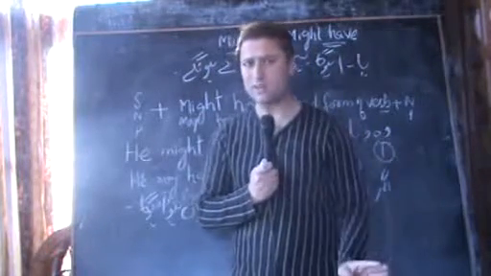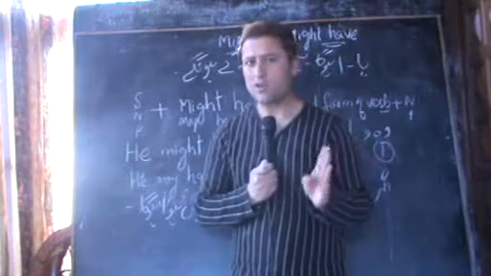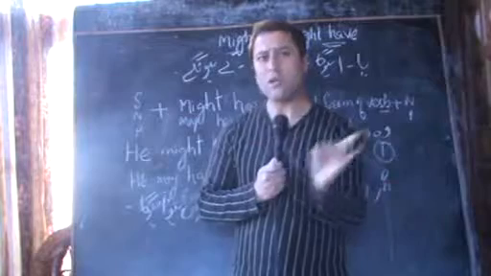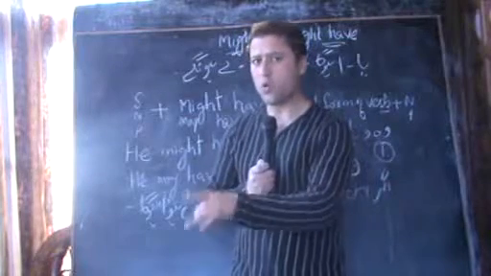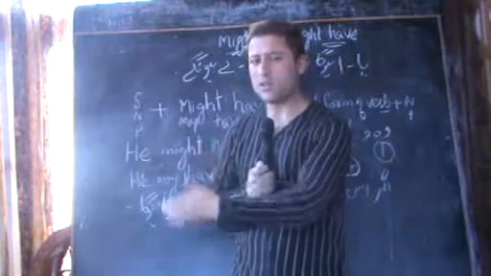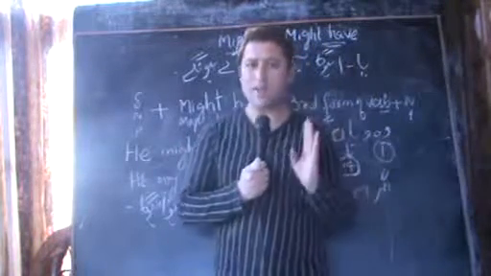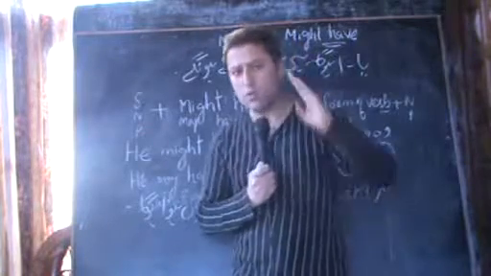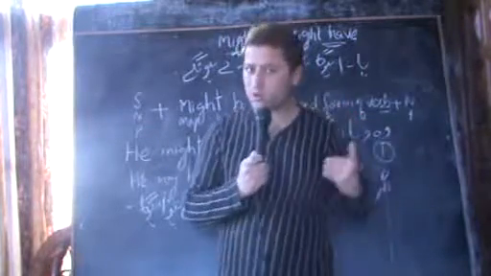So I will make the situation: अगर उसने हेलमेट पहना है तो वो जख्मी नहीं हुआ होगा. So we are making here possibility, revealing truth. So we'll use might have, not may have.